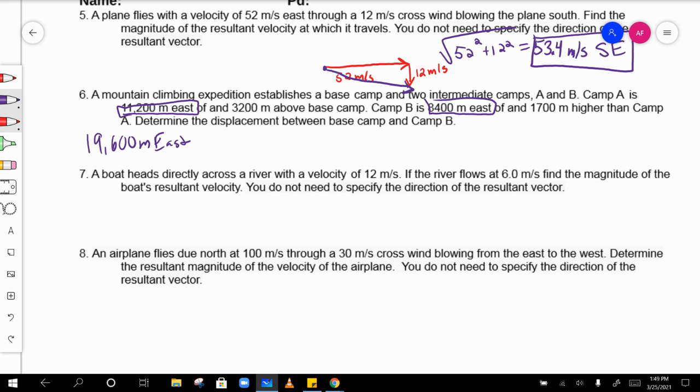Okay, so that's our total amount moved east. And then how high? So the first one is 3,200 meters above base camp. And then the other one is 1,700 meters higher than Camp A. So we're adding those two things together. So 3,200 plus 1,700, and we get 4,900 meters high.